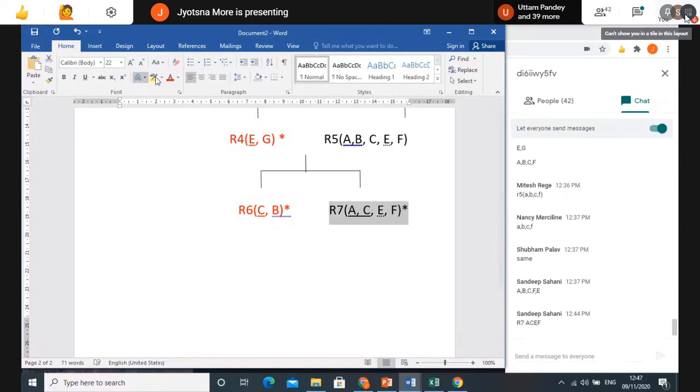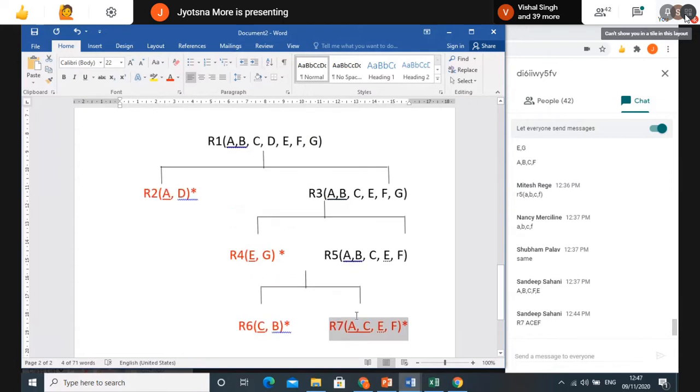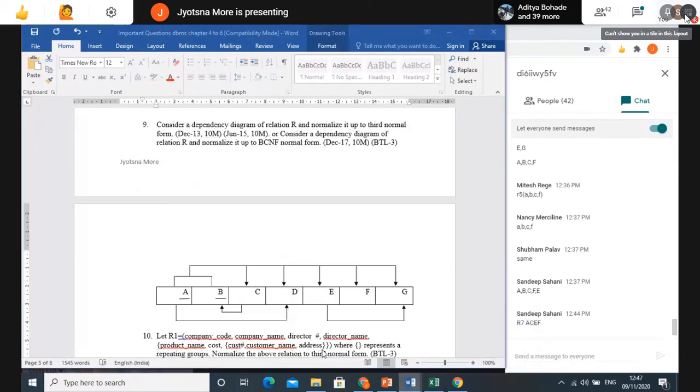Also, this same dependency diagram you can represent in the form of a tabular structure like boxes. You can directly have, the way we are getting the question, all the boxes over here: A, B, C, D, E, F, G, just in boxes, not those arrows.